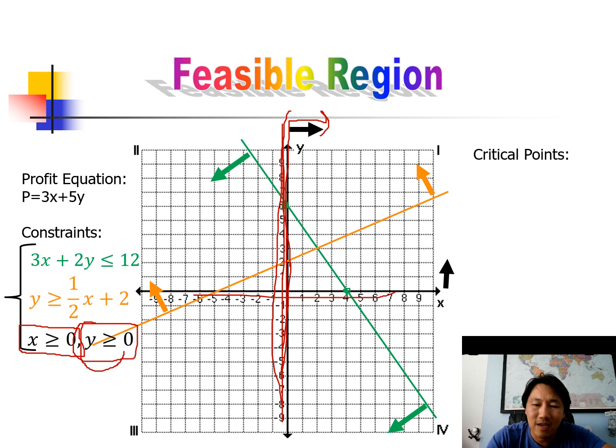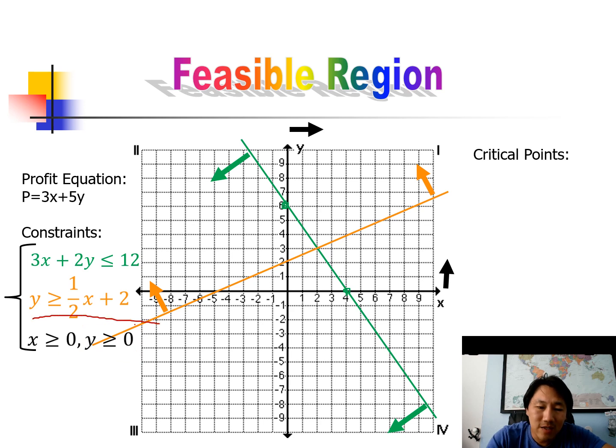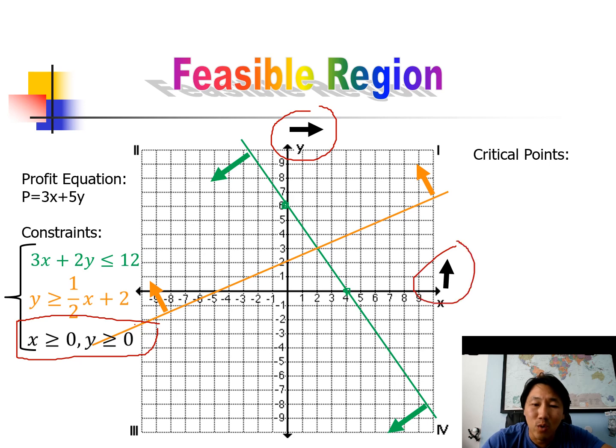That's this line, and then up. I put these together because I wanted to point something out. They usually go together. Whenever you see these two, that just means that you're only going to work in the first quadrant.